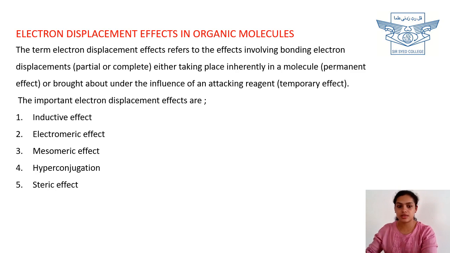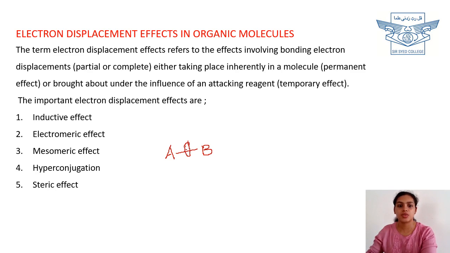Bonding electrons means, this is a bond. A is bonded to B, and here two electrons are there in a bond. That bond is formed by the combination of two electrons. These electrons are displaced from their mean position.